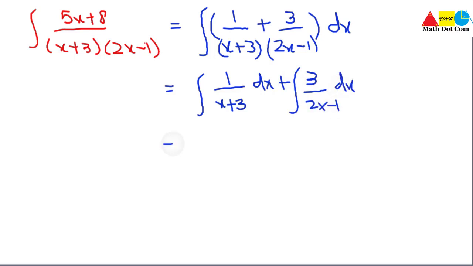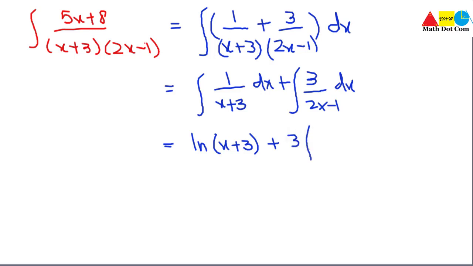We will now use the rule of integration where, if we have a function in the denominator and its derivative in the numerator, then we just take its natural log. So we can write natural log of x plus 3 plus, same is the case here. Here we have 2x minus 1. The derivative of 2x minus 1 is 2, so we must have 2 in the numerator, but we don't have 2, so we will multiply and divide by 2 and take the 3 out.